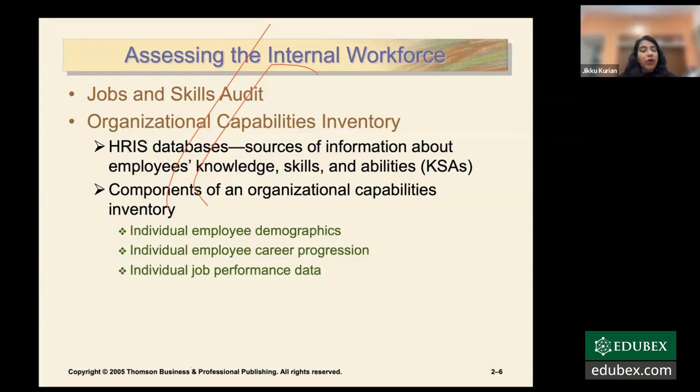So if you look at what happens around us in the market, some organizations eventually kill certain jobs once they realize after a job evaluation that unlike earlier days, these particular jobs are not adding any kind of value to the organization. So such jobs will be killed.